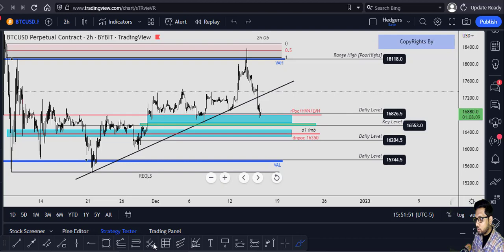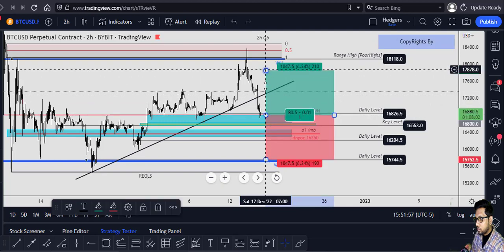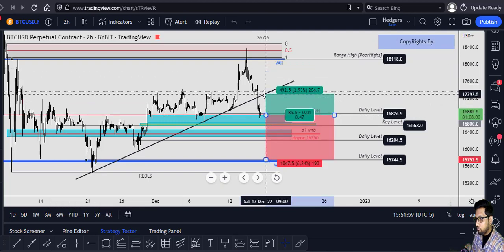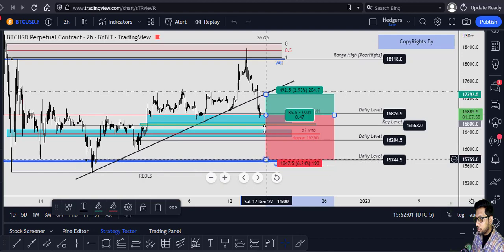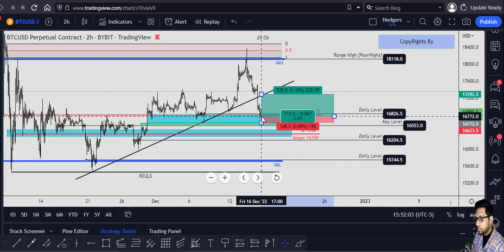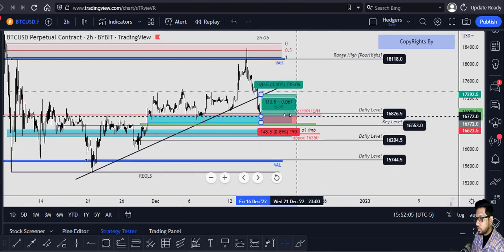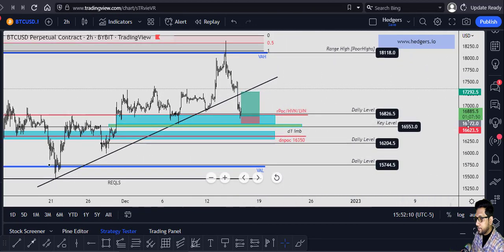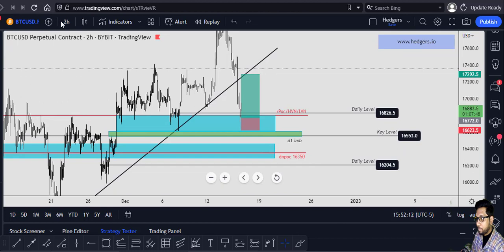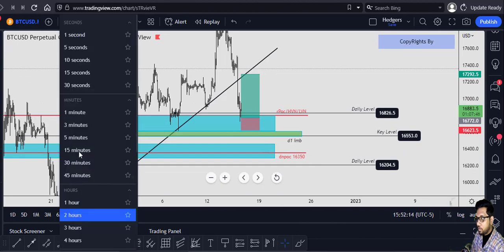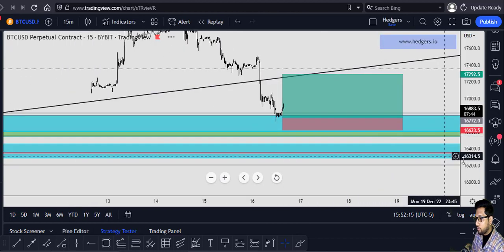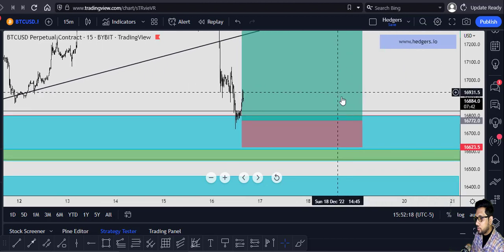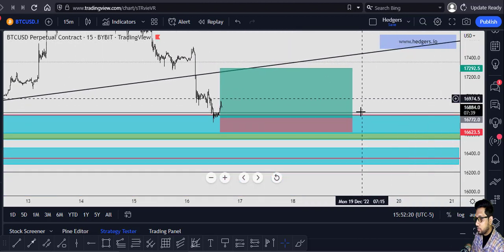If you want to mark this as a potential trade, you can do this for your understanding, for your recall of memory, that we just took this trade earlier.